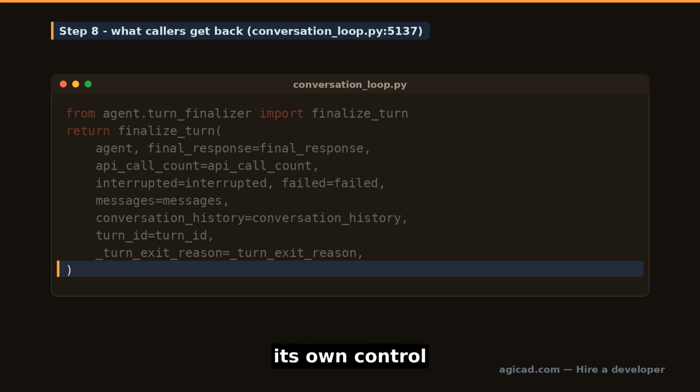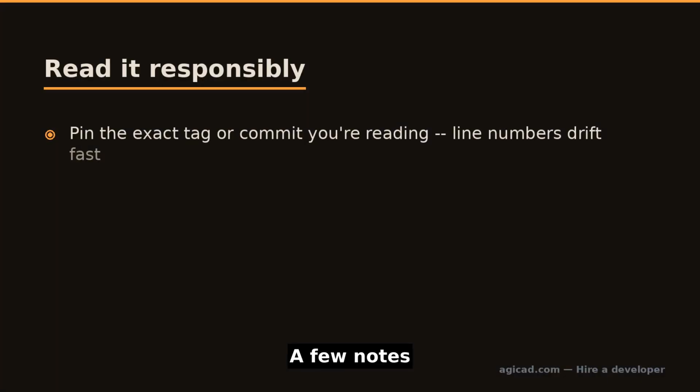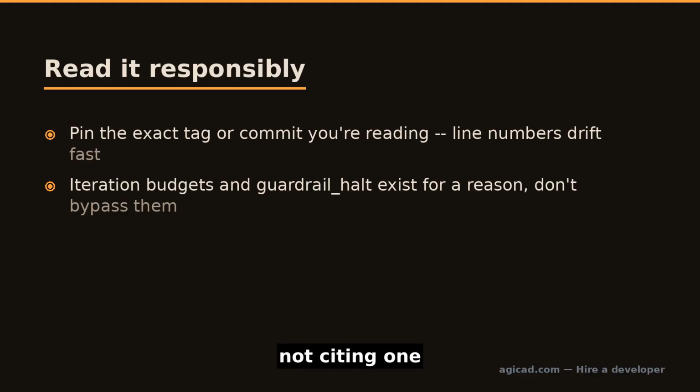A few notes before you go spelunking in your own copy of the repo. Pin the exact tag or commit you're reading against. This fast-moving codebase reflows line numbers constantly, and citing the wrong one is worse than not citing one at all. Iteration budgets and that guardrail halt exit reason aren't friction to route around. They're the mechanism that stops a misbehaving tool loop from running away and burning API calls, or taking destructive actions unsupervised.